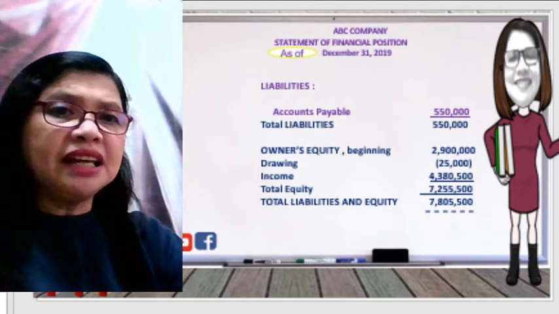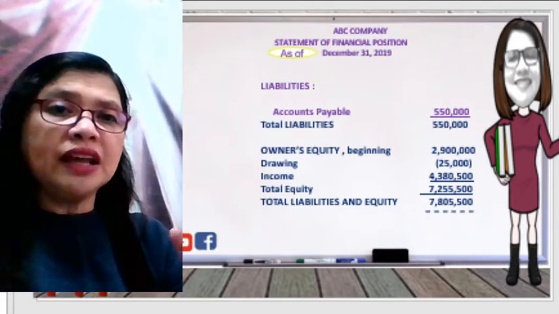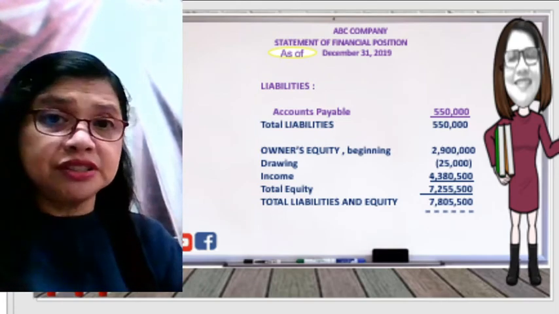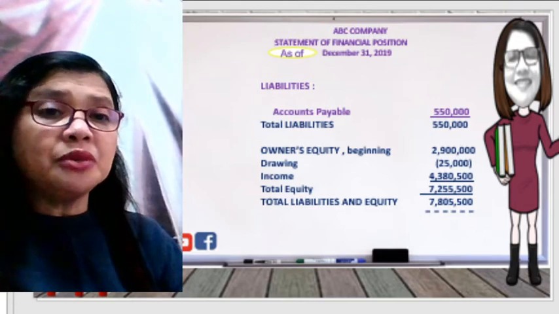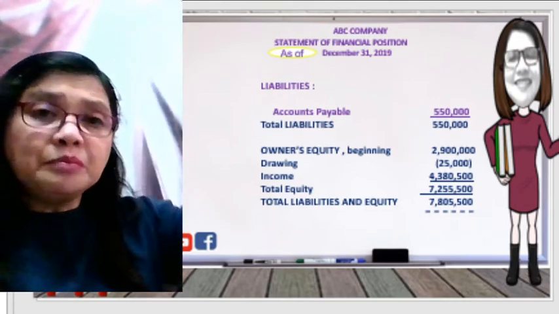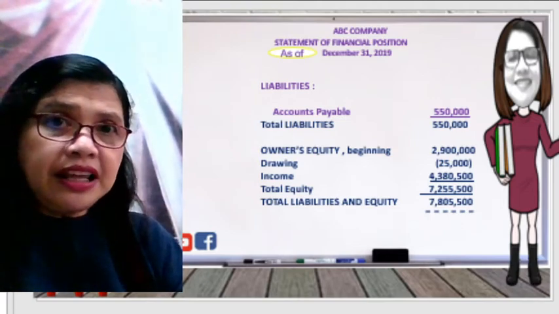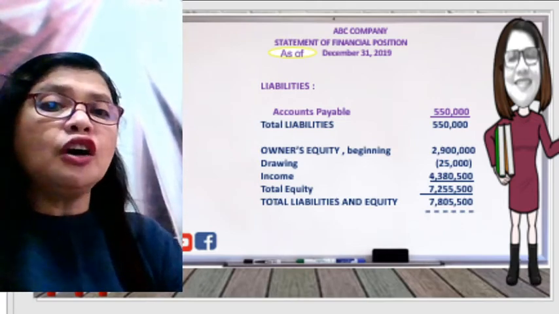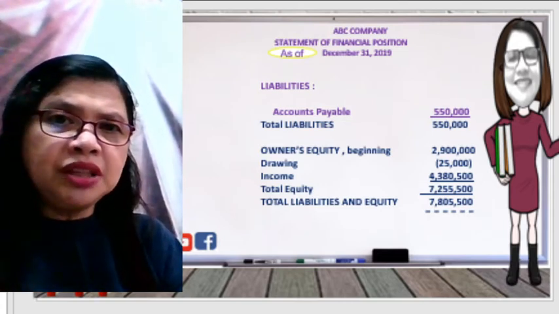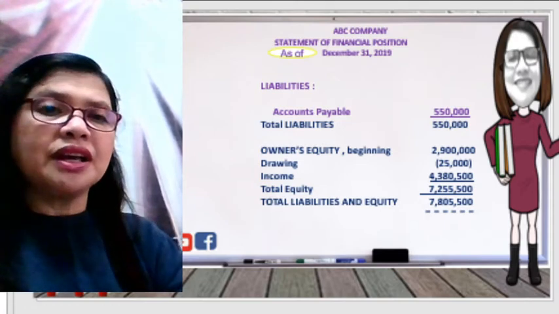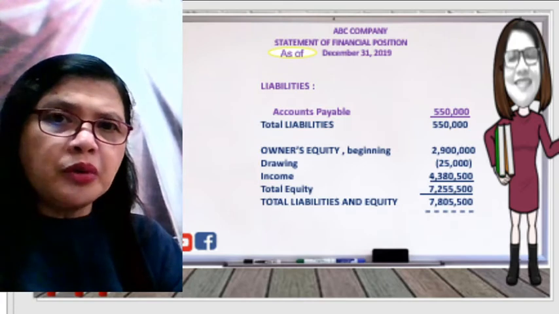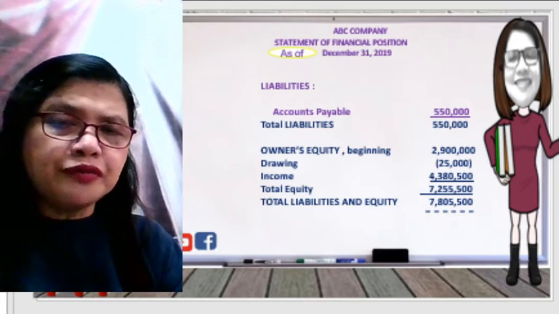So this is the beginning balance at the time of the initial investment, or maybe if it has been operating for several years, you will get your equity balance which is the ending balance of your previous year. It becomes your beginning balance of the following year. Okay? Next, we deduct your withdrawals or the drawing account of the owner. And here is the net income. We forward here the income account of 4,380,000.